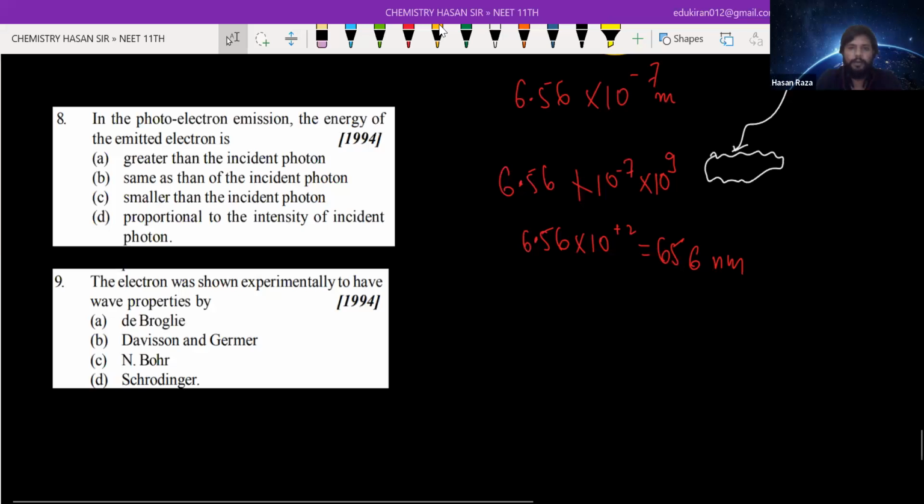Let me know option B. For what option B, please? I have given two questions. 9B. Very good, Siddhika. Question 8, you have given the correct answer. Rishita, 8 correct, 9 correct, and question number 9B. Okay.